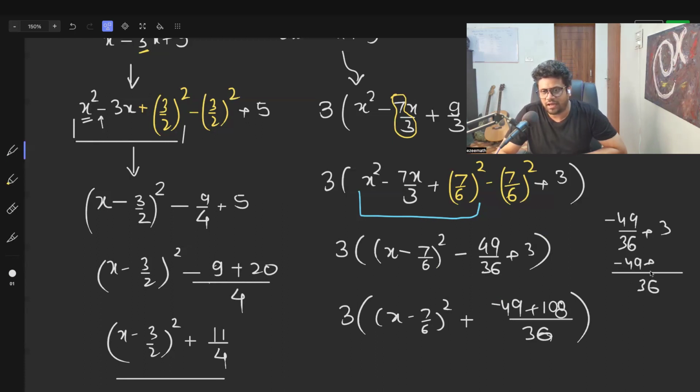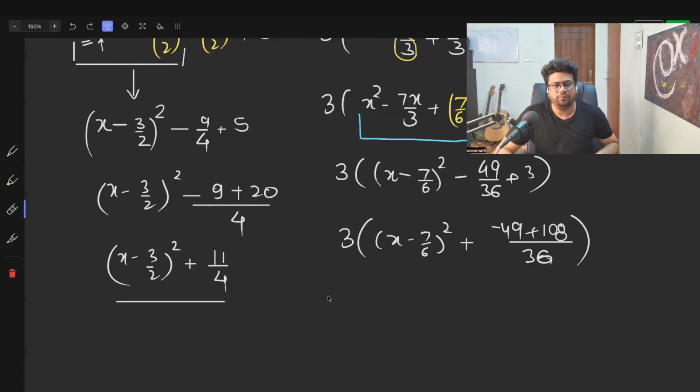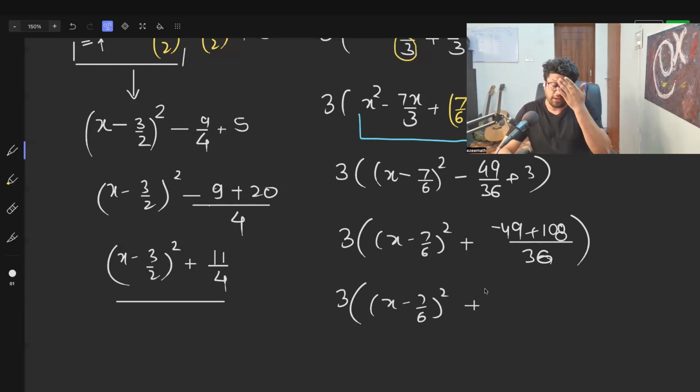There's a minus 49, there's a 108, and from there on, you can do it manually. So 108 minus 49 is what you're looking at. Well, it would be a 3 times x minus 7 by 6 square plus 108 minus 49.